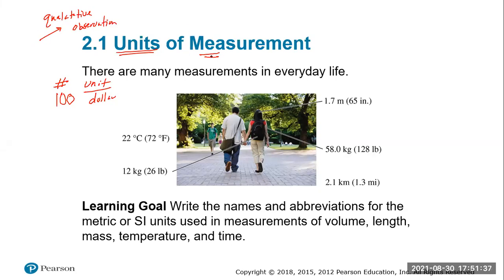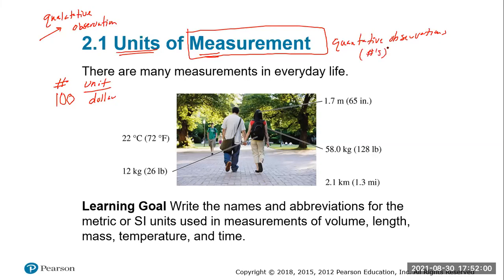A measurement, on the other hand, is sometimes referred to as a quantitative observation. That basically involves numbers and values. And whenever we take any type of measurement, that's quantitative. So again, when we take a measurement, the number and units are really, really important.